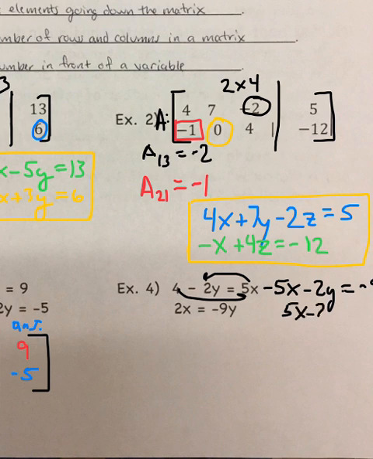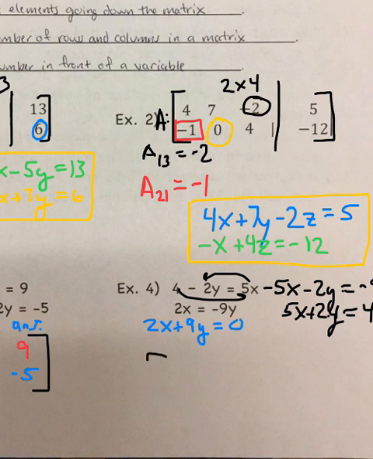It makes it 5x plus 2y equals 4, and in the matrix it'll work the same way. If you have all negatives or all positives, they'll both work the same way. Then for the second one, I'm just going to make this 2x plus 9y equals 0.